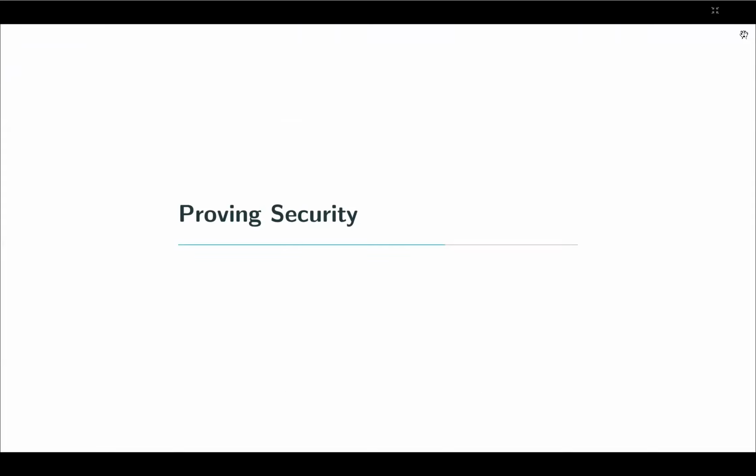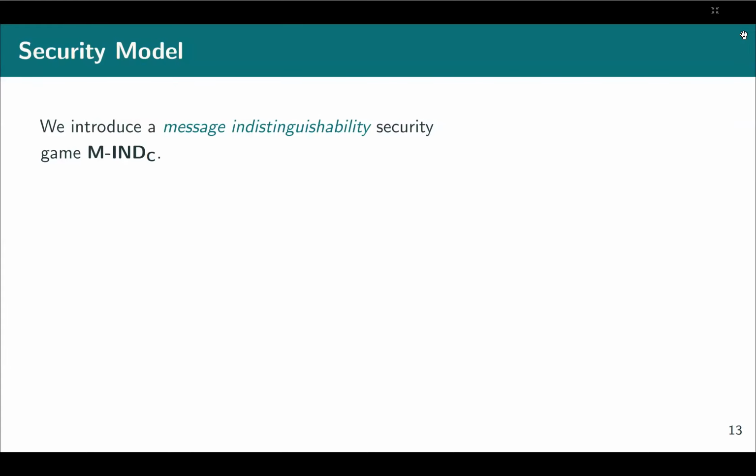Okay, so with all of this in mind, let's look at how we actually prove the security of the protocol. In order to prove security, the first thing we need to do is to introduce the security model. For this, we rely on previous work, with a message indistinguishability security game. So our definition is game-based.